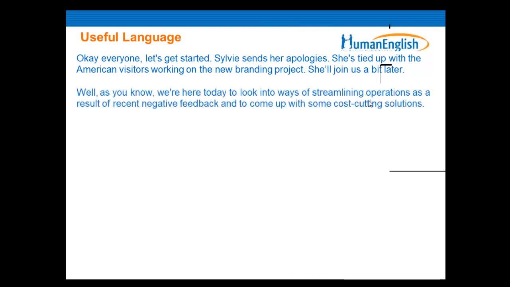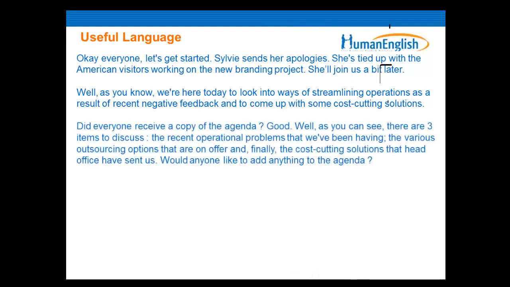Well, as you know, we're here today to look at ways of streamlining operations as a result of recent negative feedback and to come up with some cost-cutting solutions. Okay? If you can remember, feedback is the opinions, ideas that other people have.